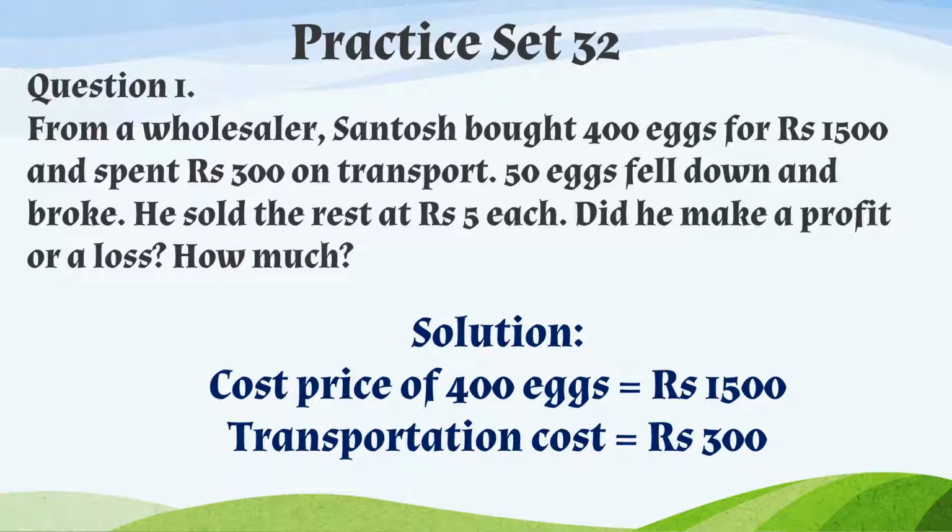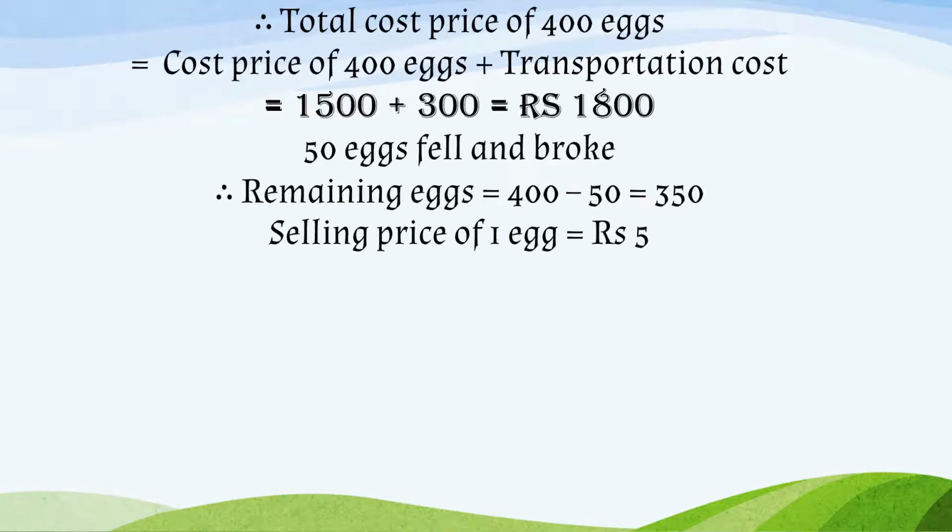Here, the cost price of 400 eggs is rupees 1500, and the transportation cost is rupees 300. The total cost price of 400 eggs is equal to the cost price of 400 eggs plus transportation cost.